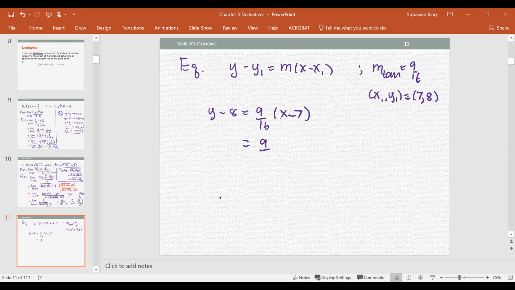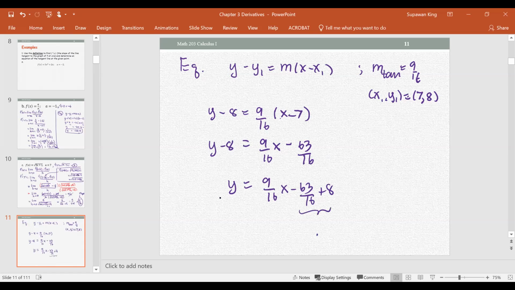On the right hand side, 9 over 16 times x minus 9 times 7, which is 63, so 63 over 16. On the left hand side, y minus 8. So y equals 9 over 16x minus 63 over 16 plus 8.